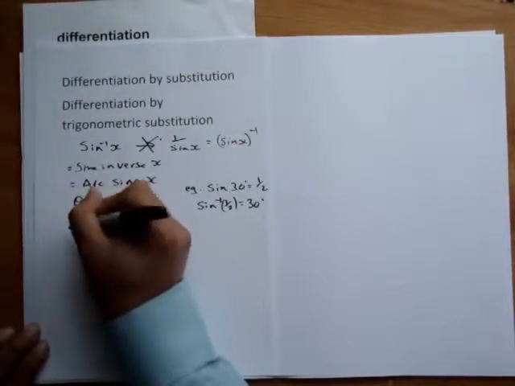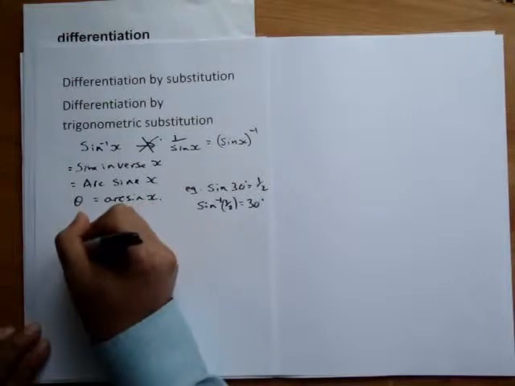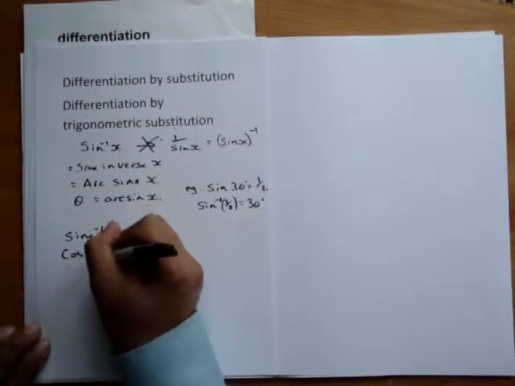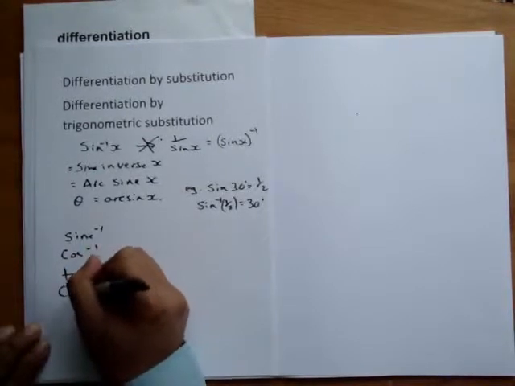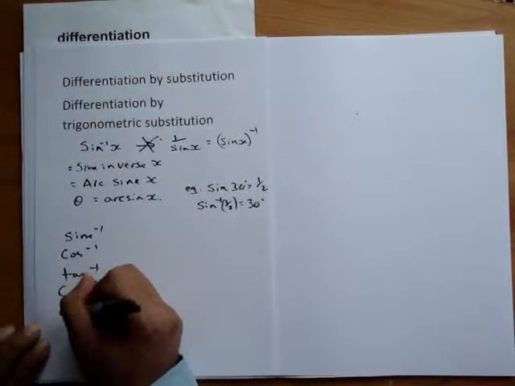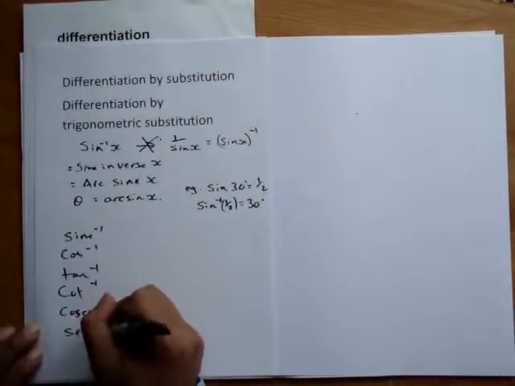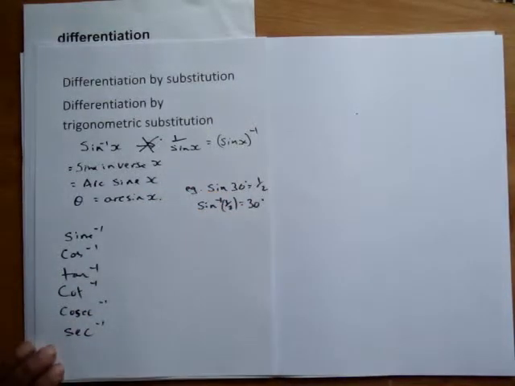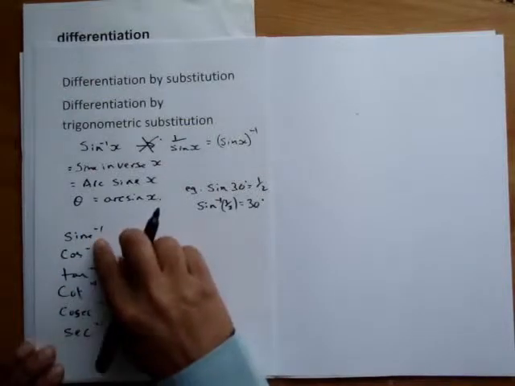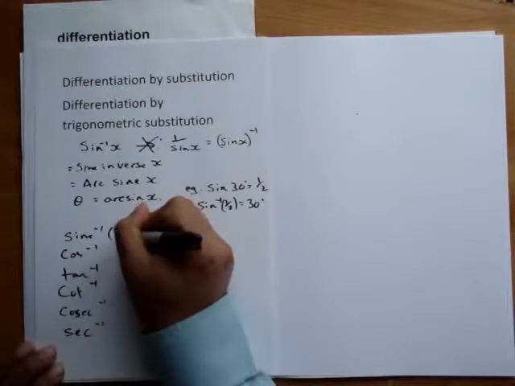Now the formulas involved in trigonometric substitution, usually we're looking at something which is sine inverse or cos inverse or tan inverse or cot inverse or cosec inverse or sec inverse. And what we try to do is whatever's in the bracket next to the sine inverse, we try to make into the sine.